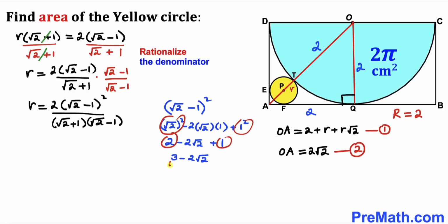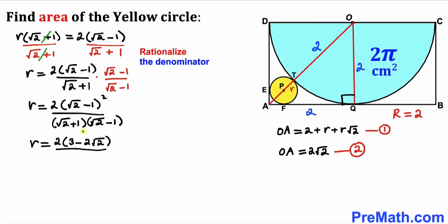And if we simplify everything, this turns out to be 3 minus 2 times square root of 2. So therefore this whole numerator part, I'm going to replace with this one. So therefore our lowercase r turns out to be 2 times 3 minus 2 times square root of 2 all over.